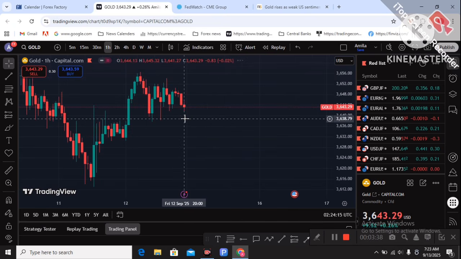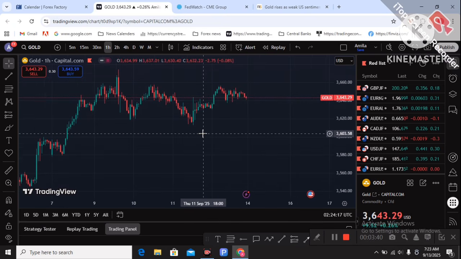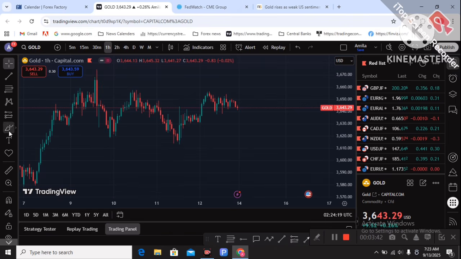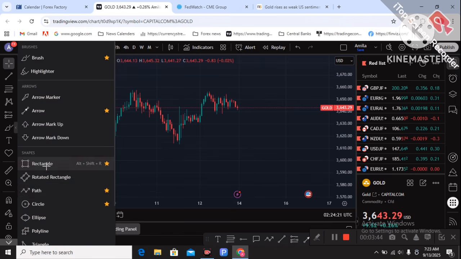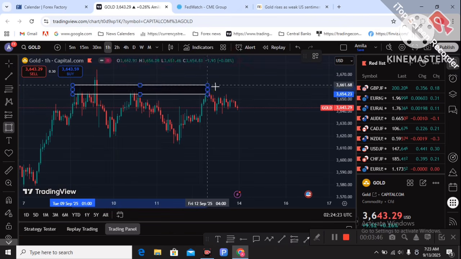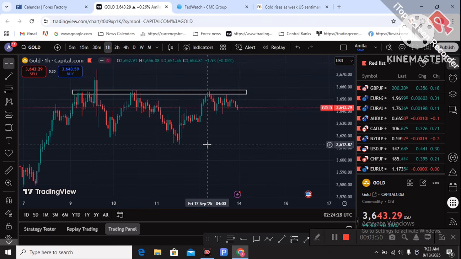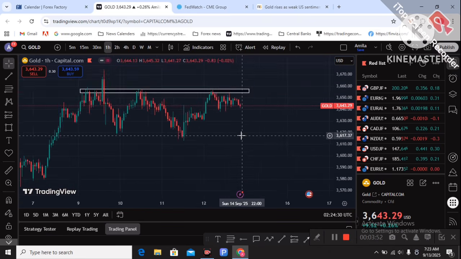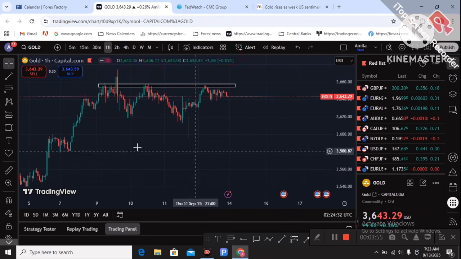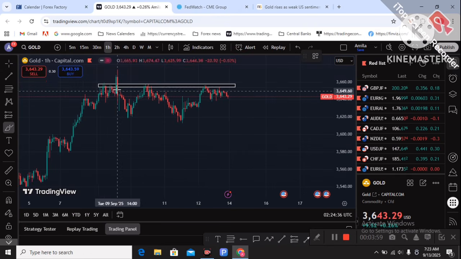So I'm going to the 1 hour chart. On the 1 hour chart, last week gold made a new all-time high at 3675. This level, 3650, is a psychological level and the maximum pain level. You can see price tested this level several times last week.